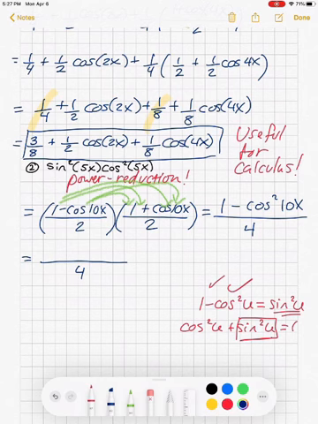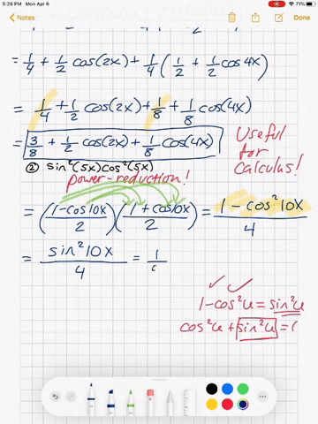So wouldn't it be true then that 1 minus cosine squared would just be sine squared?